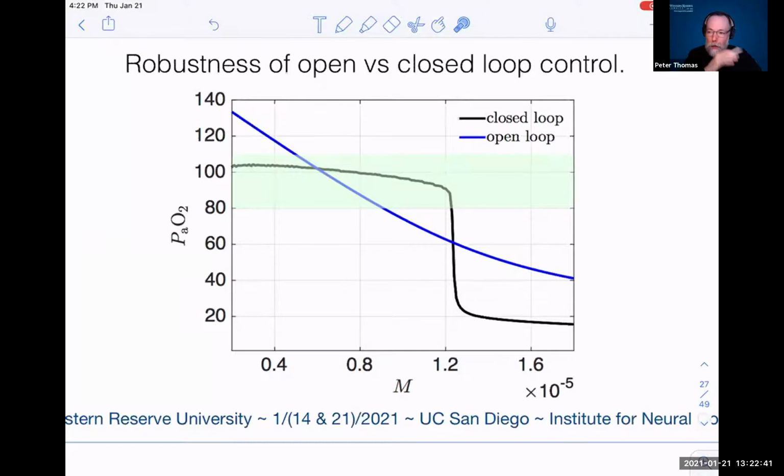And then it just produces exactly the same limit cycle, the lungs open and close, and we can increase the metabolic demand. And what you see is there's a nice steady decay in the blood oxygen level as you increase the metabolic demand.